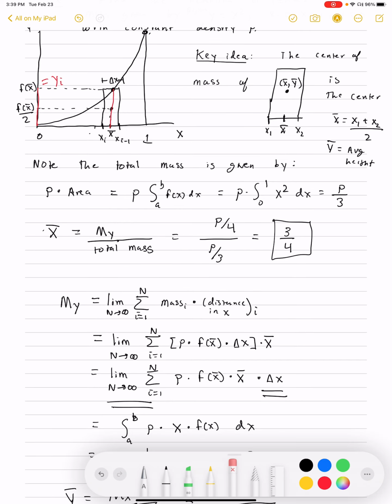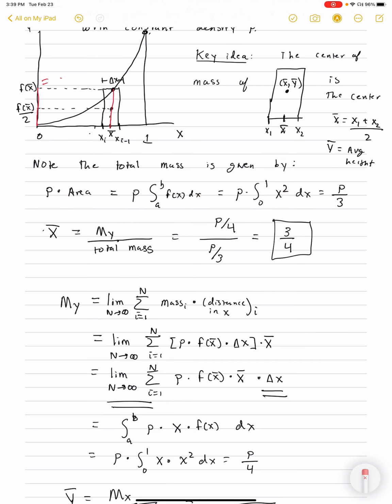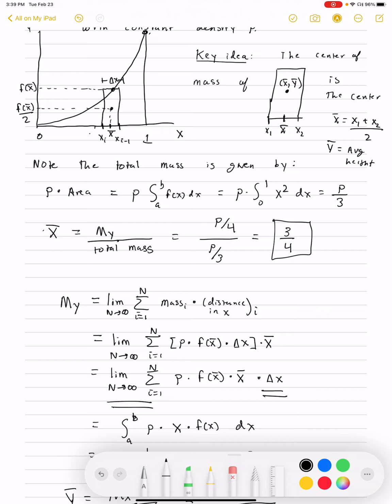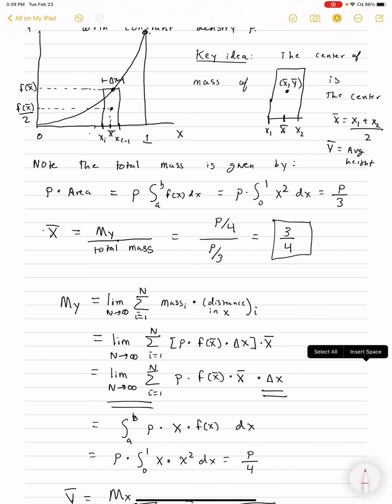I apologize. That y sub i is given by this. This is going to be x bar, y bar, and this is y sub i.